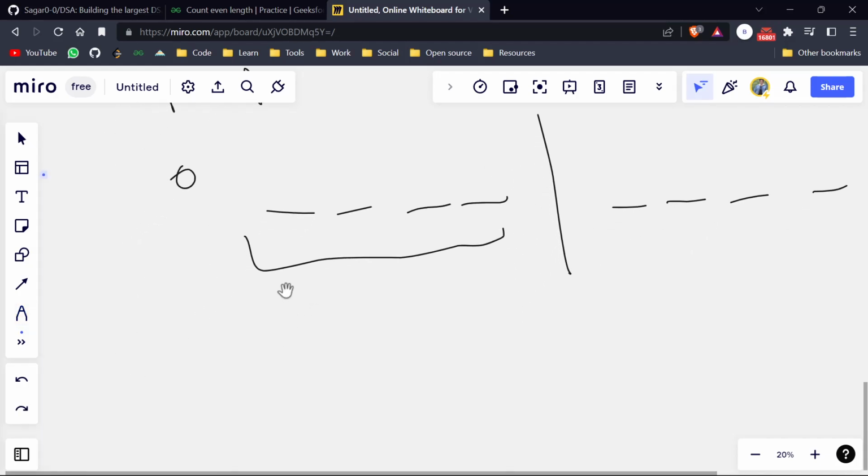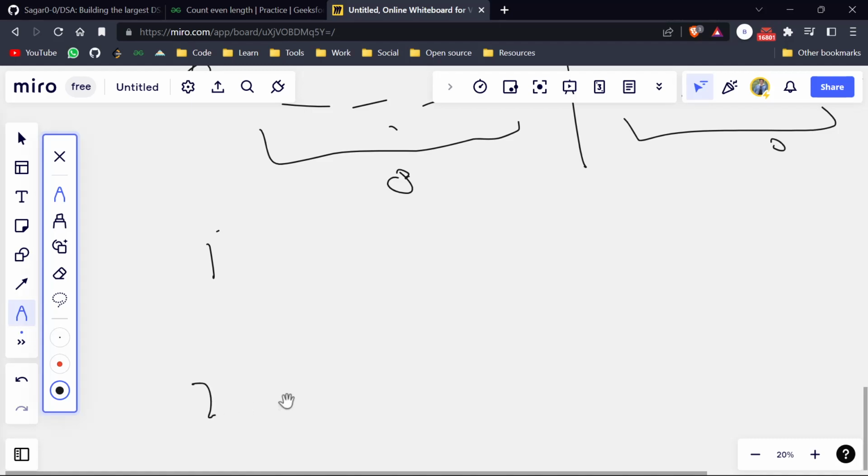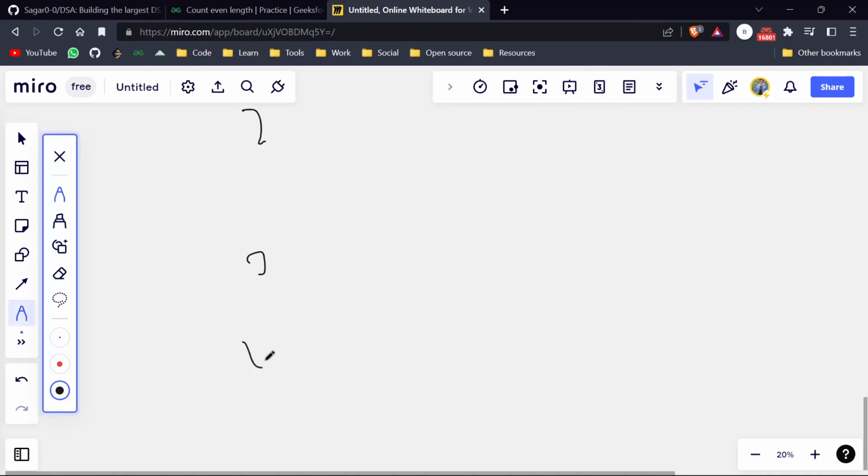So we have to make all the cases. First of all, our sum will be 0, that means there are some 0s here and there will also be some 0s. So we have to find all the cases which have sum equal to 0. And then we have to place sum equal to 1. So we can just place our 1 here, here or here. So there are 4 possibilities for that. And then we will place our sum equal to 2, then 3 and then 4. So we have to count all the possible cases.